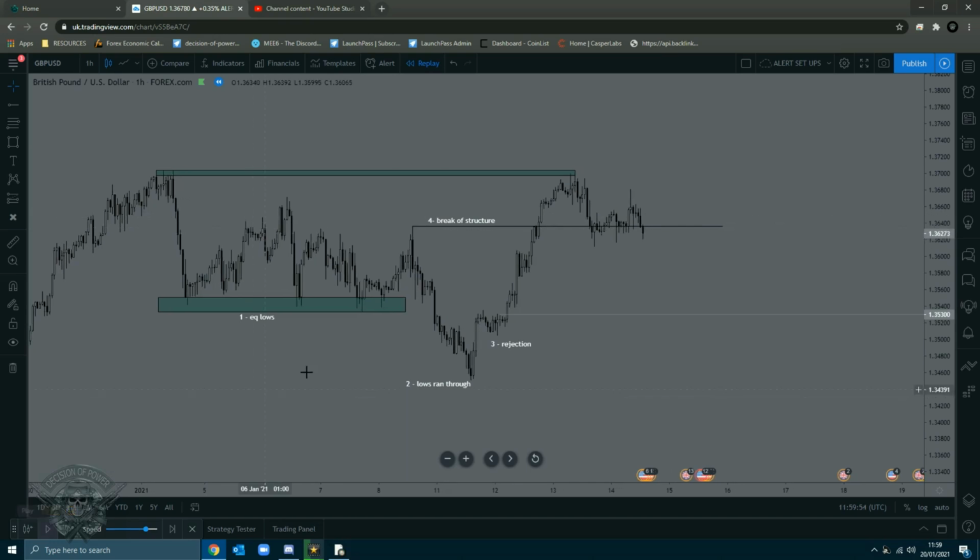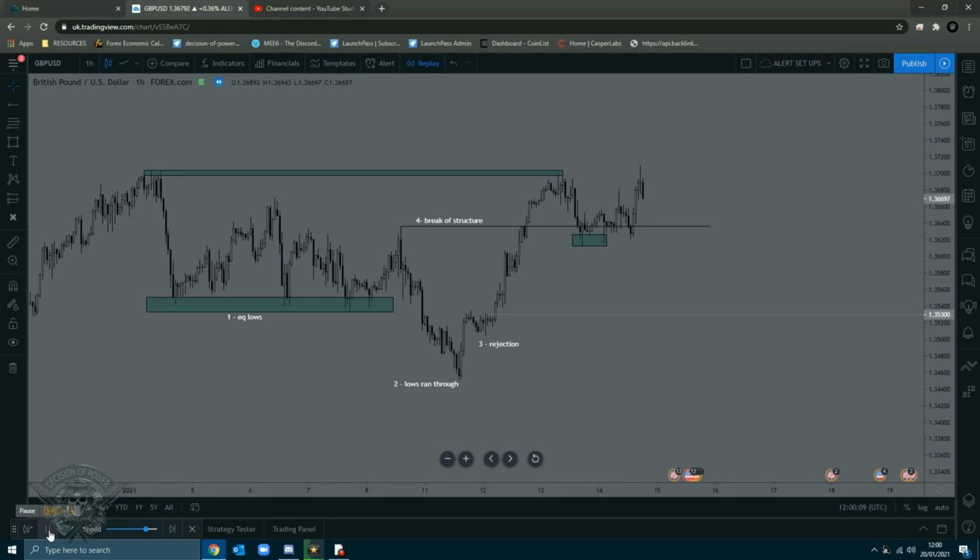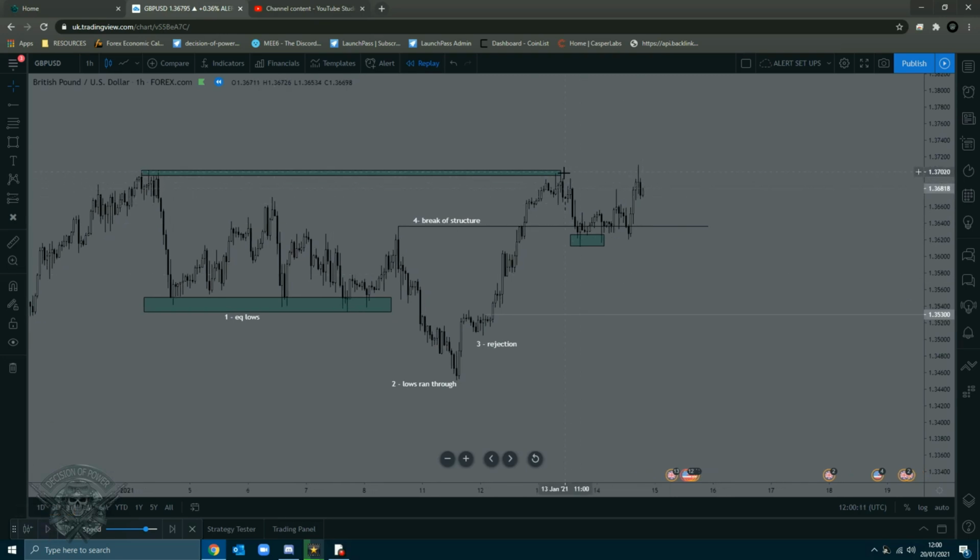Can you see how we had a double bottom here? I'm just going to highlight these. This is why you shouldn't trade double bottoms and double tops. Double bottom, and we're just going to expect price to run through it. And then what have we got here now? We've got a retest of that high right there.